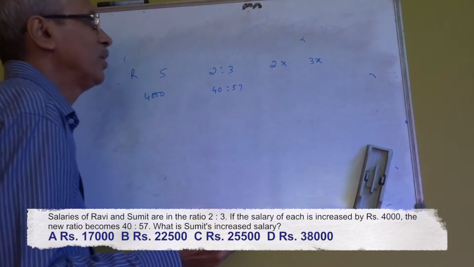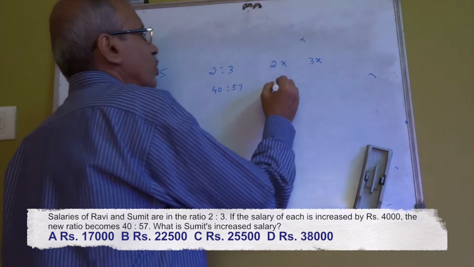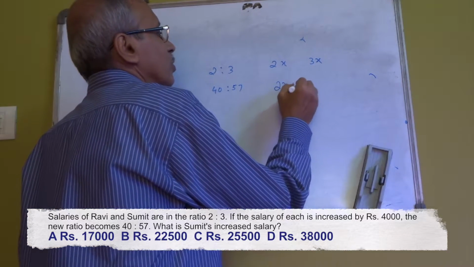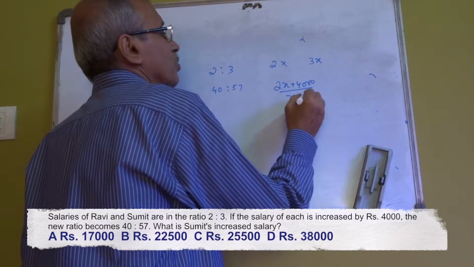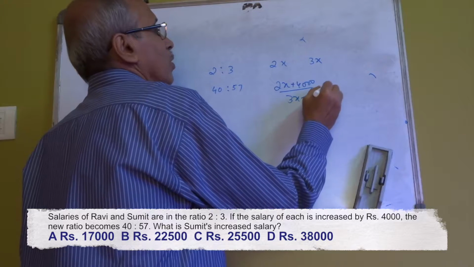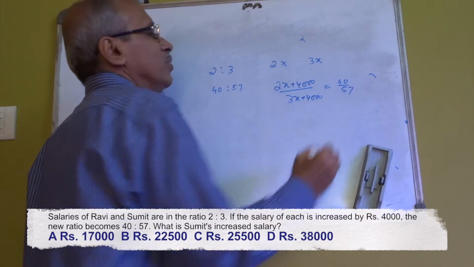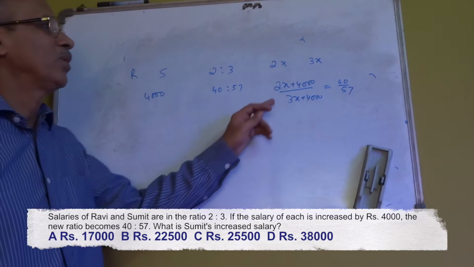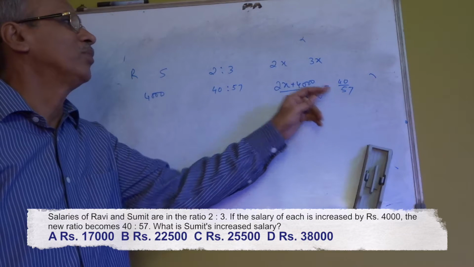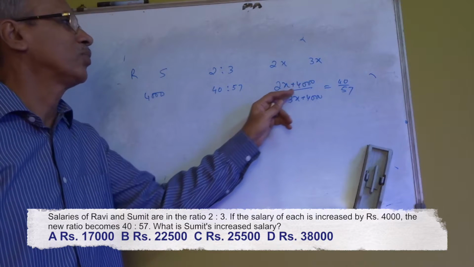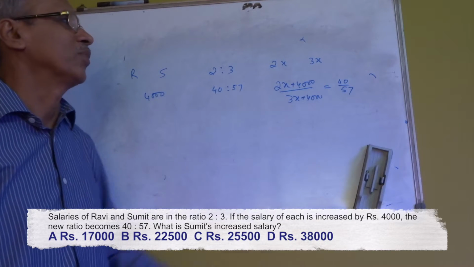What they have said is there is an increase of 4,000 for both of them. So 2x plus 4,000 divided by 3x plus 4,000 is given to be 40 by 57. This is the new ratio. When there is an increase of 4,000 each, the new ratio is 40 by 57. So 2x plus 4,000 divided by 3x plus 4,000 is 40 by 57.